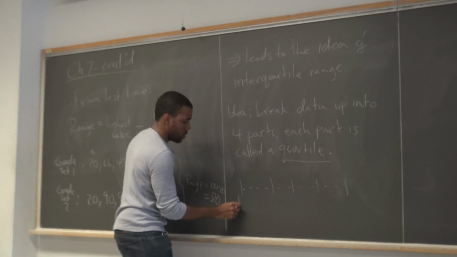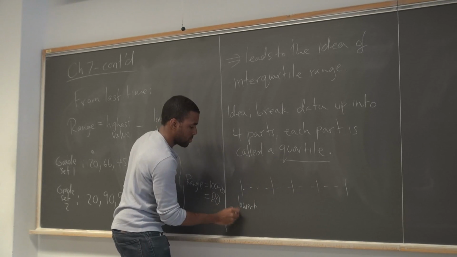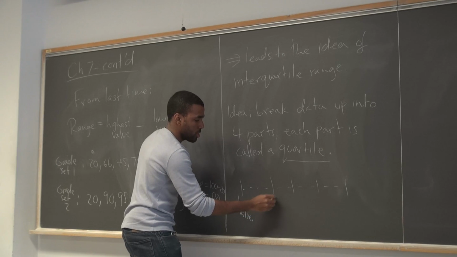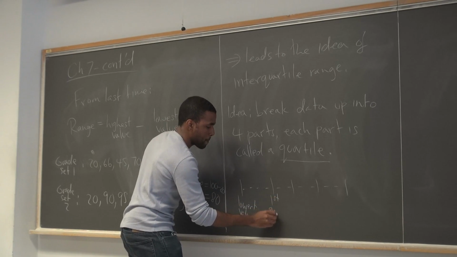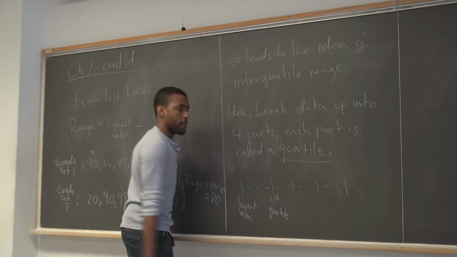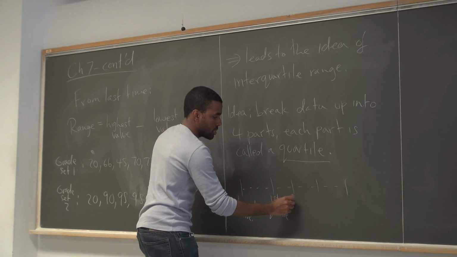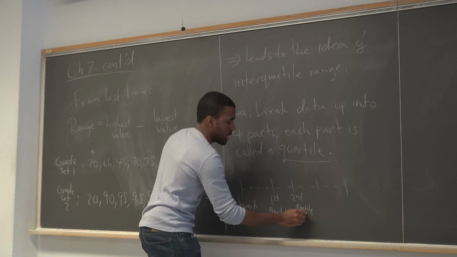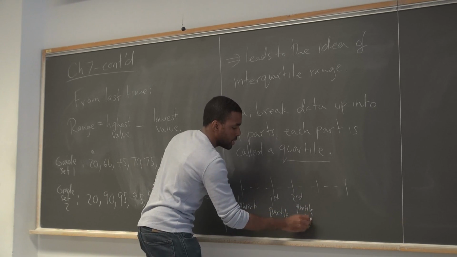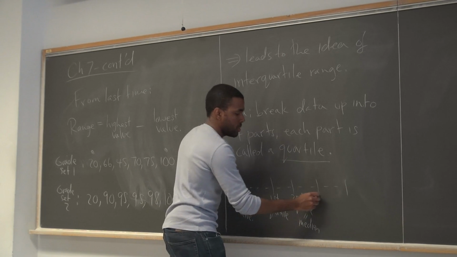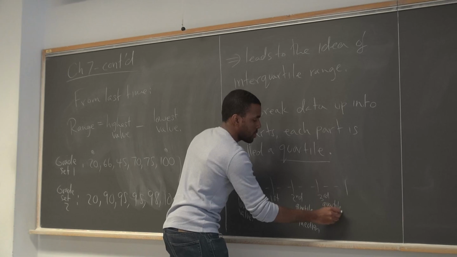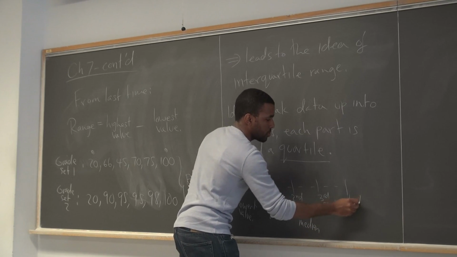So this part is the lowest value. This part will be called the first quartile. The middle is the second quartile, which happens to be equal to the median, the exact middle value. This will be the third quartile, and this will be the highest value.